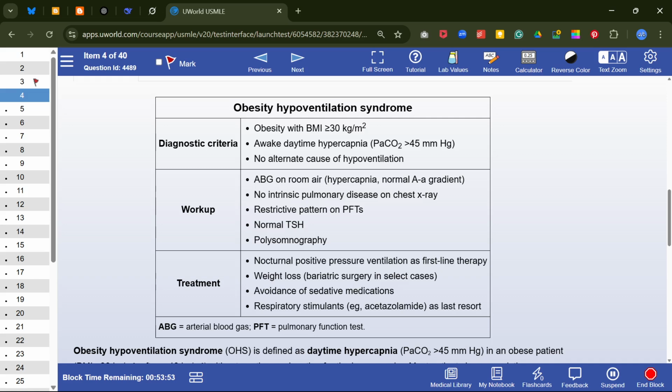So age in years, this patient is 45 years. If we take 44, 44 divided by 4 plus 4, then 15. Normal A gradient is 5 to 15.